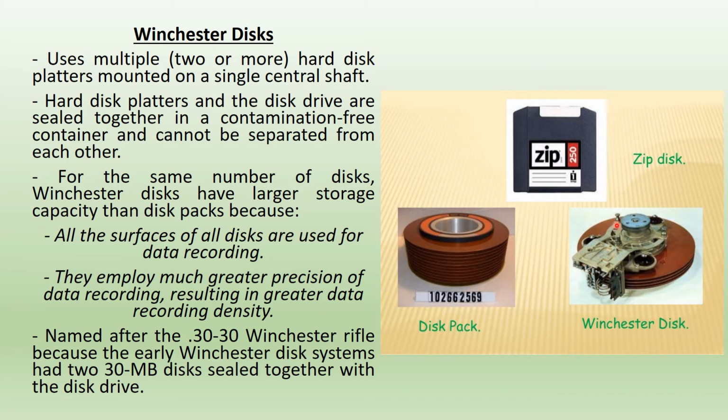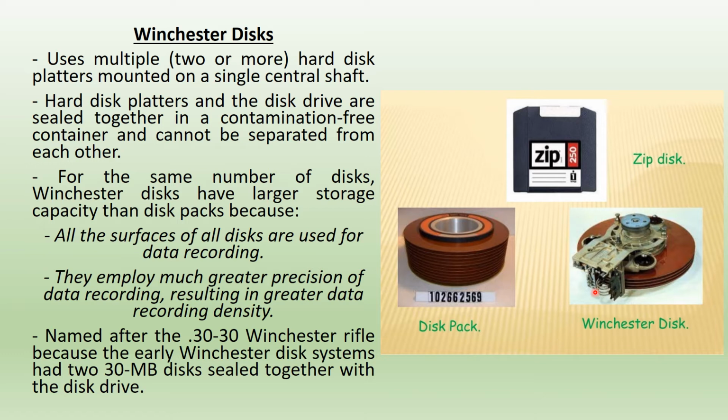The hard disk platter and the disk drive are sealed together in a contamination-free container and cannot be separated from each other. So these ones cannot be separated. But remember that I just mentioned that each one of these contains a separate head for reading. Even though they are packed together, the Winchester contains separate heads for reading.